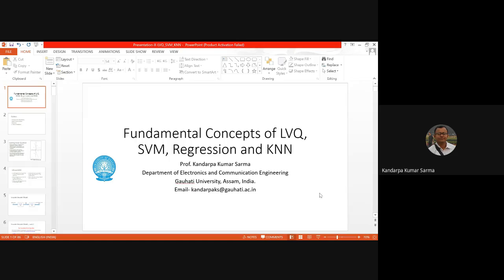Today we will be discussing the fundamental concepts of learning vector quantization, support vector machines, and then regression, and then we will be focusing on the k nearest neighbor classifier.